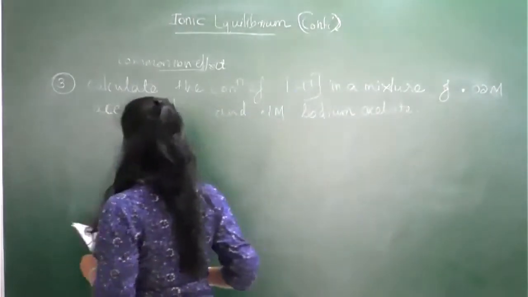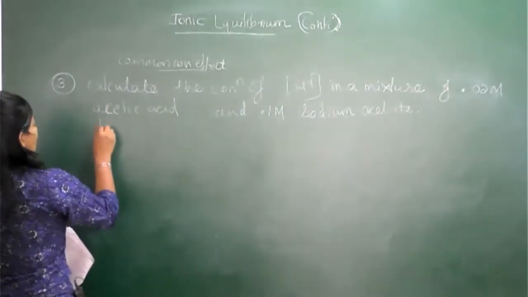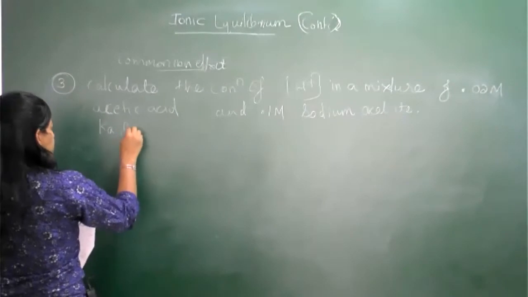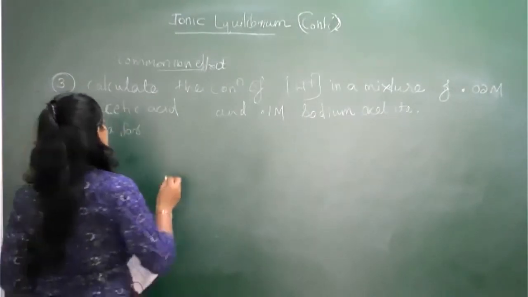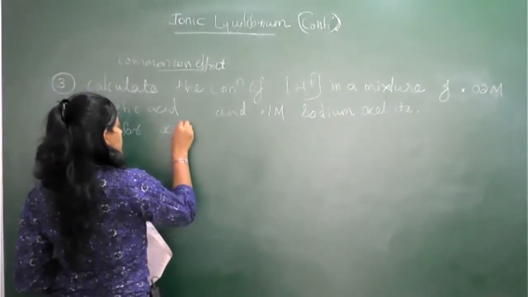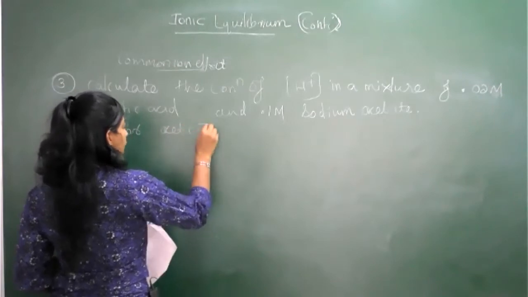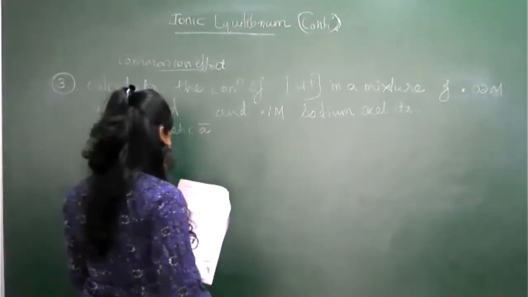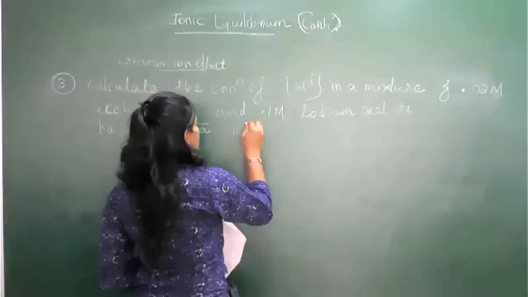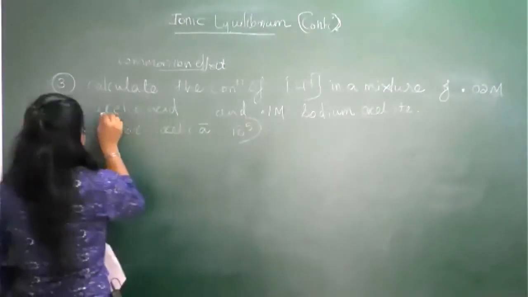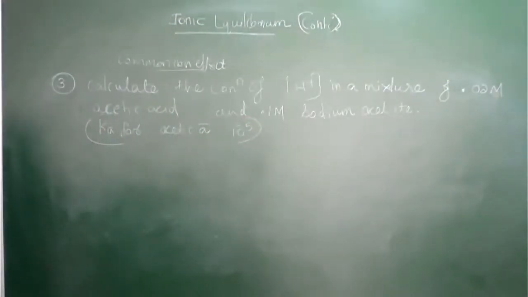Ka for acetic acid is given, that is 10 to the power minus 5.